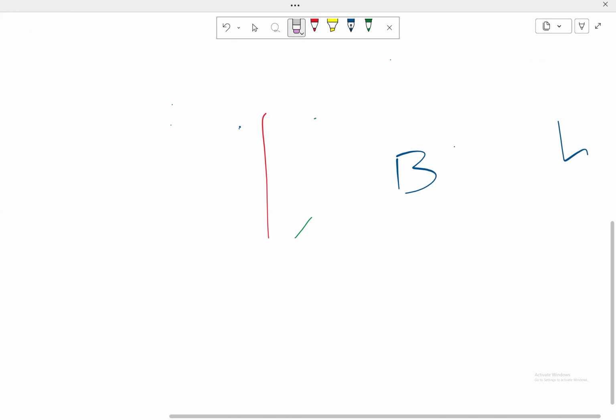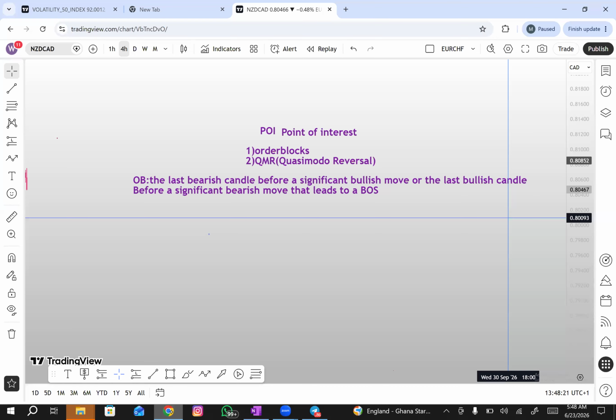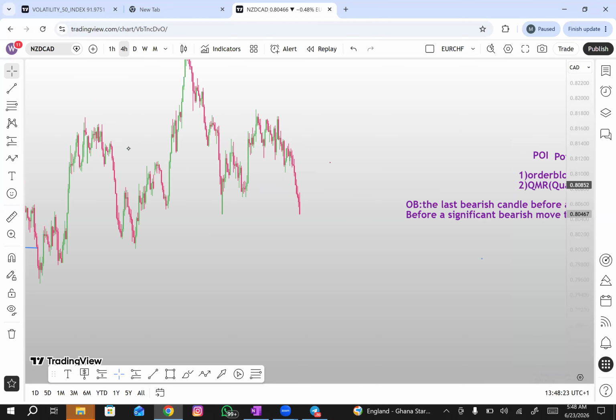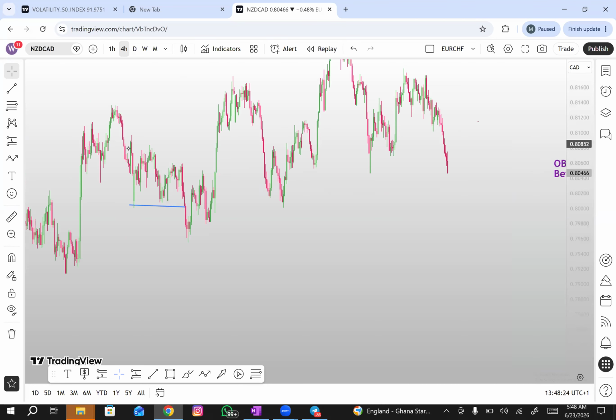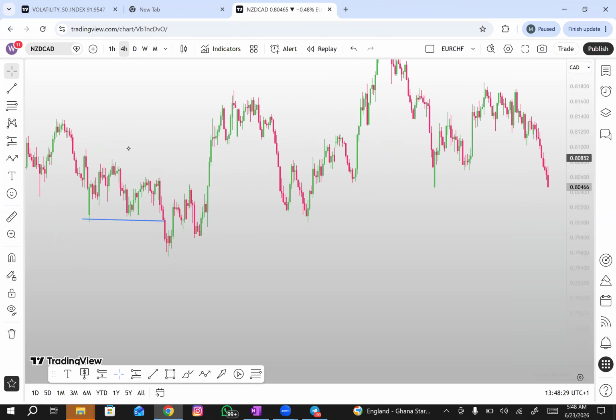Okay, so I'll show you right in the chart. This candle right here, for example, is the last bearish candle before the bullish move.